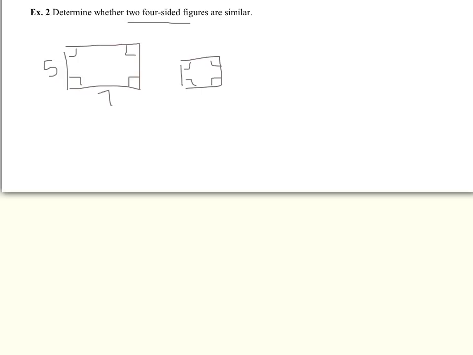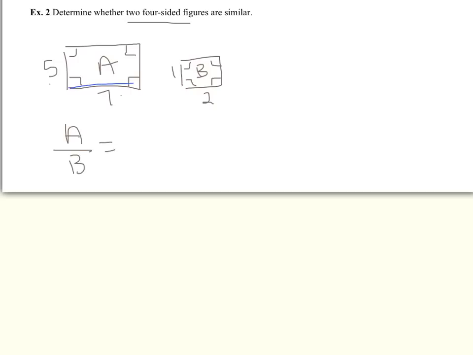But I need to make sure the sides are proportional. The first rectangle I made 5 by 7. And this one I'm going to make 1 by 2. Again, I'm going to give this one an A and a B name, so when I set up my ratios, I'm comparing A to B.